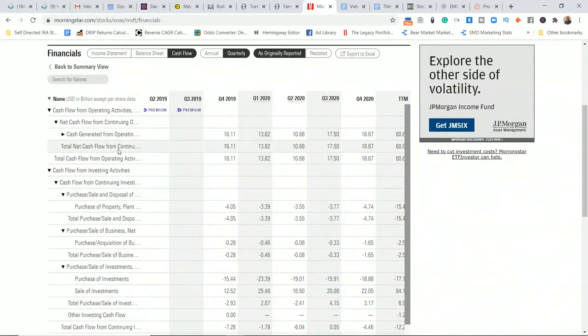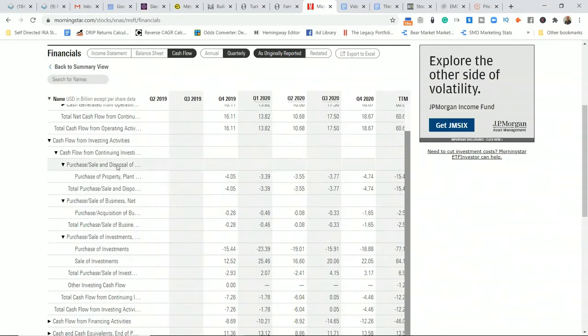So this was operations up here. This is from investing activities. Purchase or sale of property, plant, and equipment. Purchase, sale of businesses. These are acquisitions. Purchase, sale of investments. This is, again, like the investments we talked about earlier.